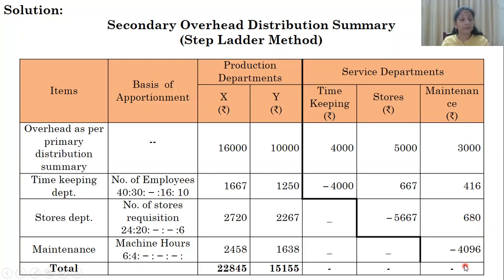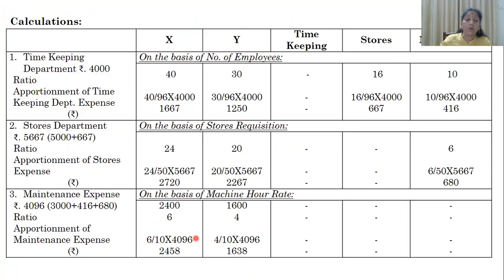Okay. Then here we are taking maintenance. The cost of the last service department is apportioned only to the production departments, not to all other service departments. We'll go and see the calculation now.